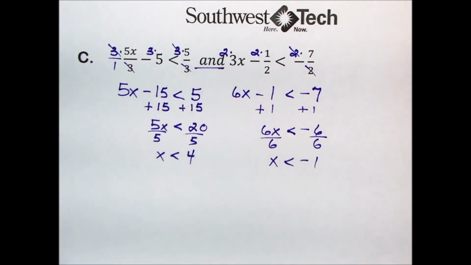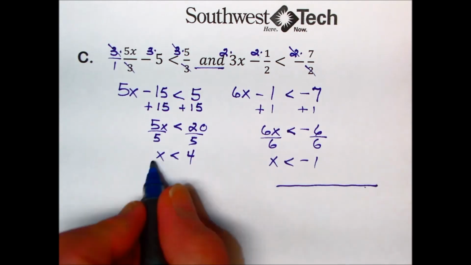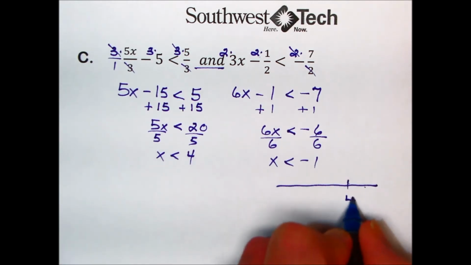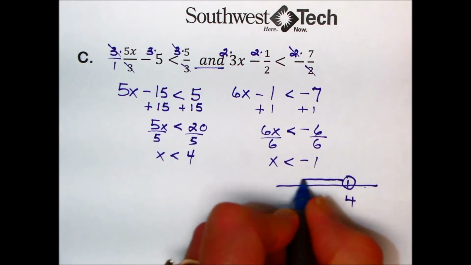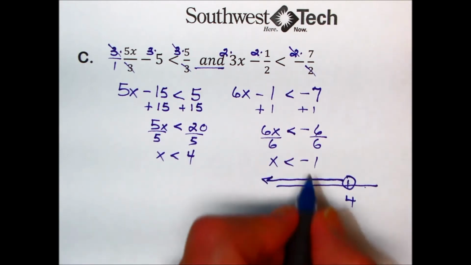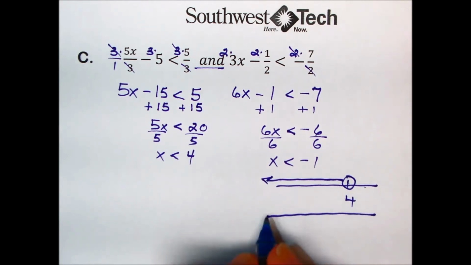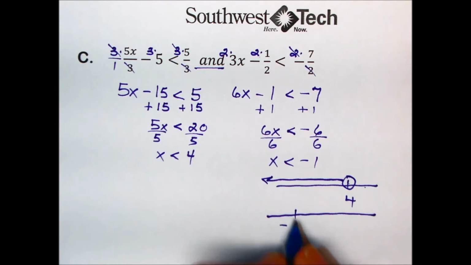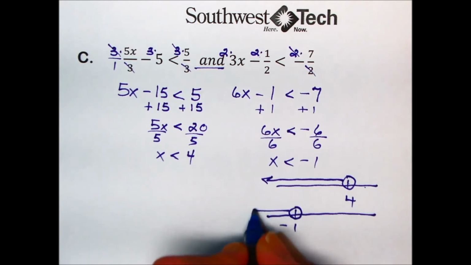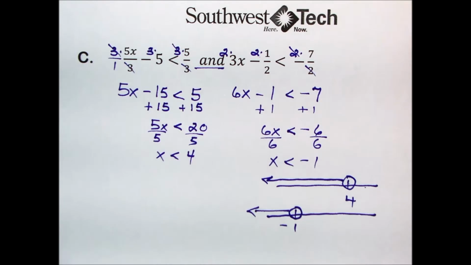We're looking for the intersection of these two sets. What do they look like graphically? X is less than 4 would go to the left. X is less than negative 1, not including it, would go to the left. We're looking for the and, or the intersection, common values.